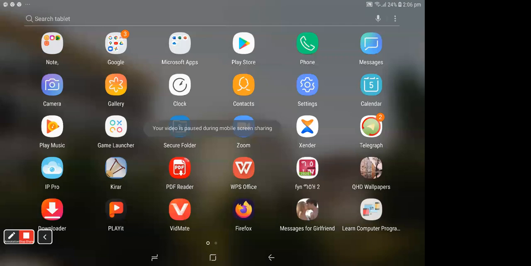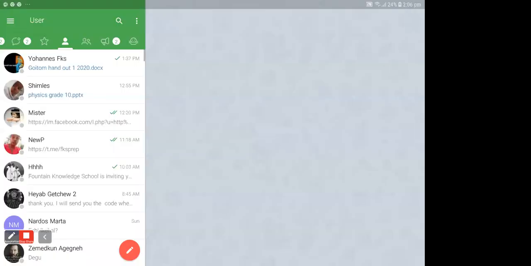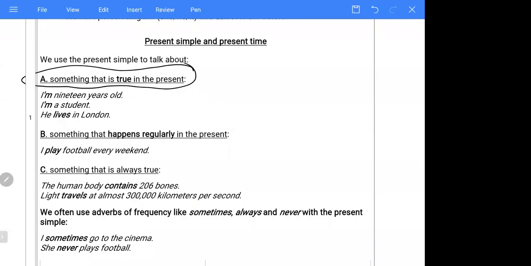Okay, so we were at the first use of the simple present tense, and we said we use it to talk about something that's true in the present. If I ask you a question, where are you now? You say, I am at home. So that is something true in the present. Look at the examples.